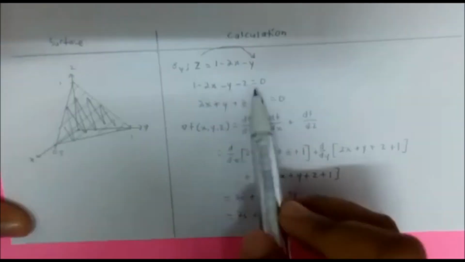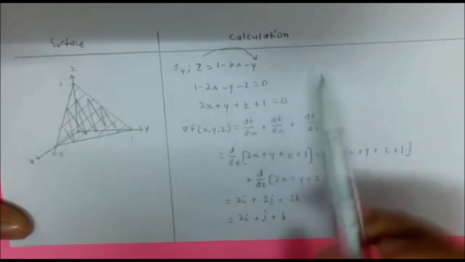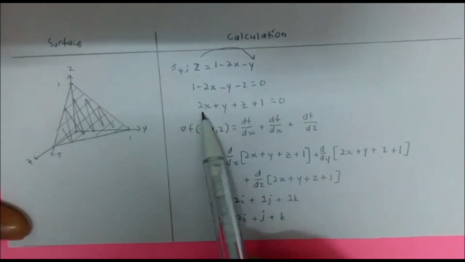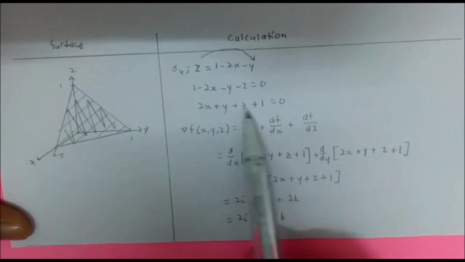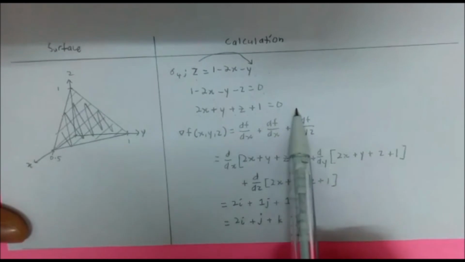And for the last plane, the bigger plane, we know that for the fourth plane, z equals 1 minus 2x minus y, and we move z to this side and set it equal to 0. So it becomes 2x plus y plus z minus 1 equals 0.